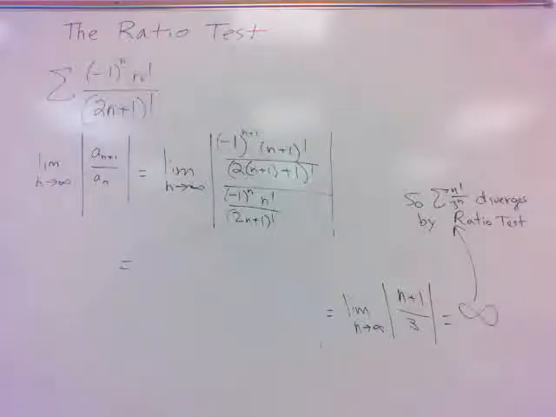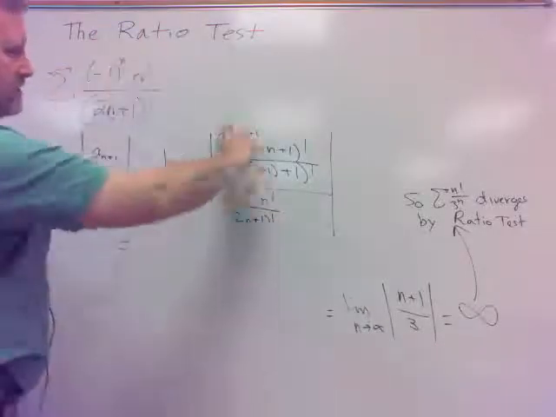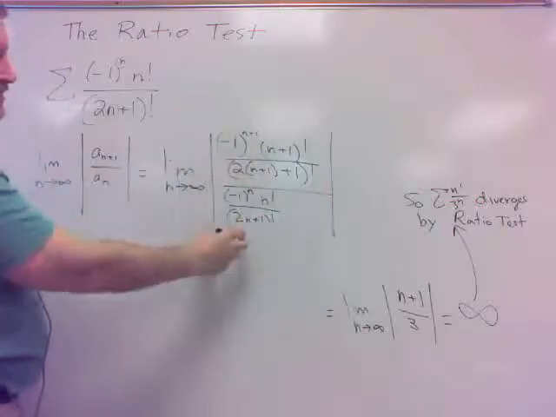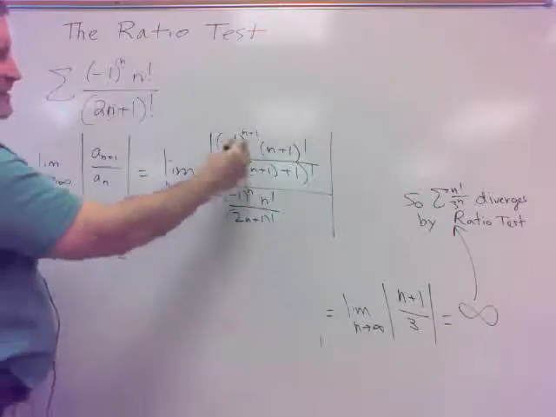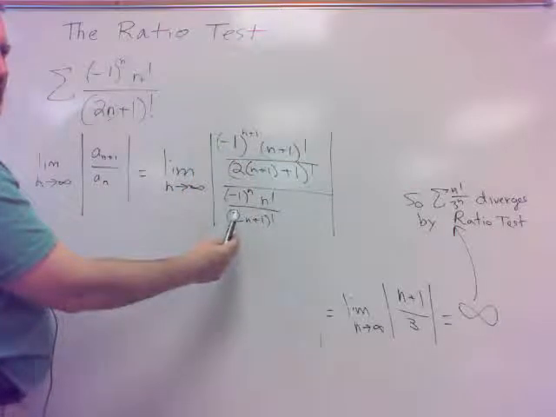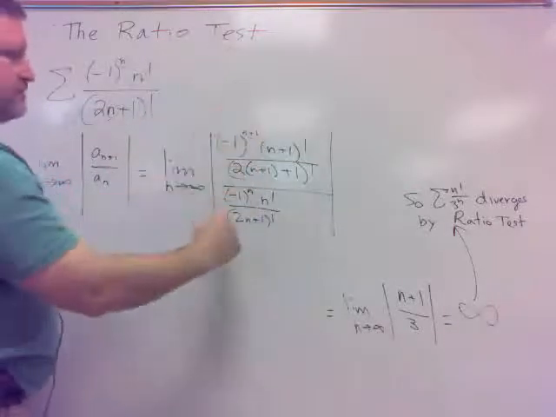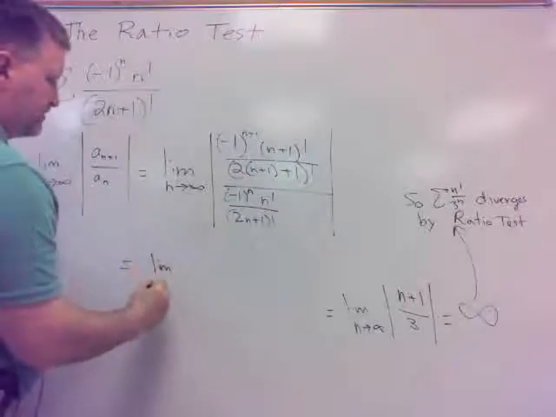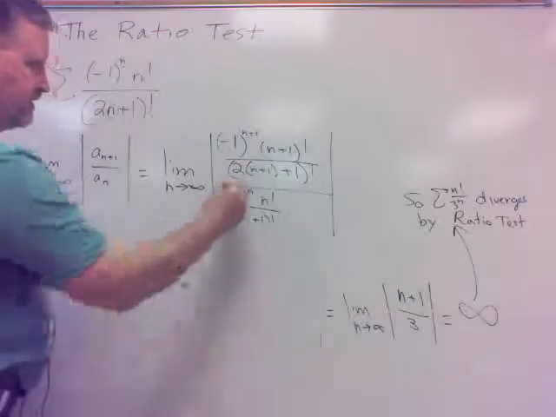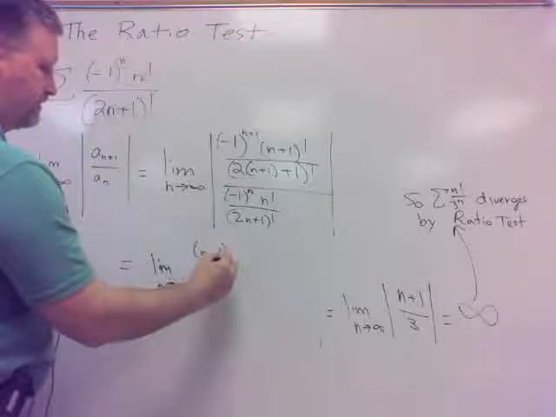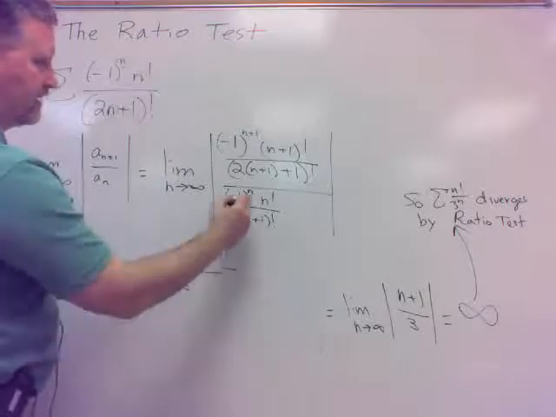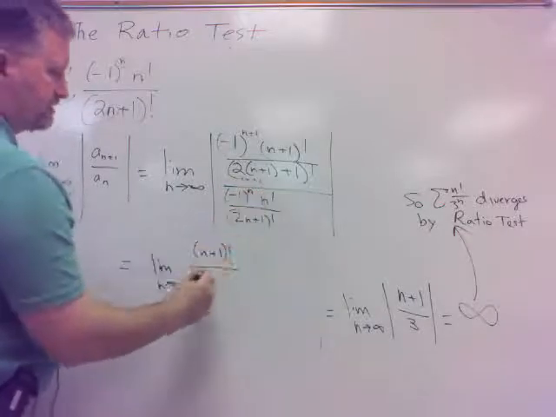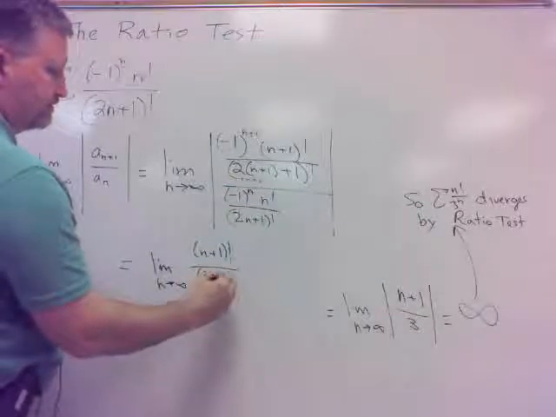Okay, so a couple of side notes here. We've got kind of dueling alternating signs, but that's where the beauty of the absolute value comes in. The alternating sign is just going to be wiped out, isn't it? Because we're doing the absolute value of it. So the limit as n goes to infinity is of n plus 1 factorial over, now if we distribute, you'd have 2n plus 2, but then you've got another plus 1, so that's (2n plus 3) factorial, isn't it?